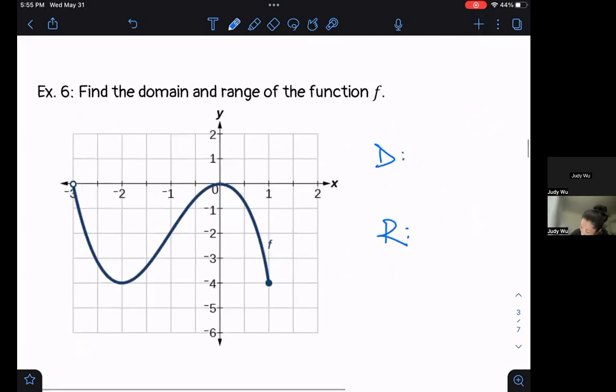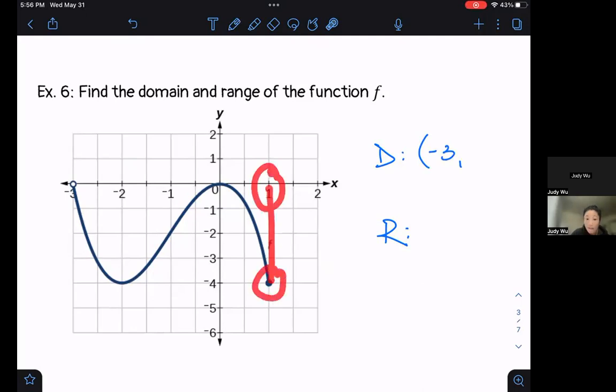Instead, we have parentheses -3. But by the time we get to x equals 1, we have a closed circle. So for 1, we're going to have a bracket. All right, so open circle does not include, closed circle does include.